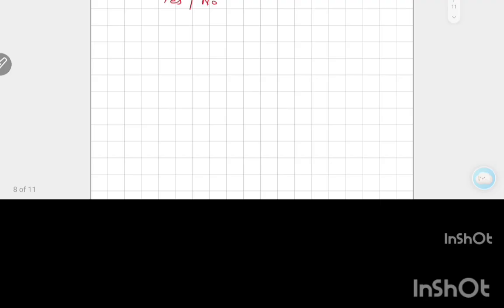Okay, how do we find this one? Simple: here is 3a divided by 9a, minus 4b divided by minus 12b. Look at this one, 1 by 3, here is 1 by 3.